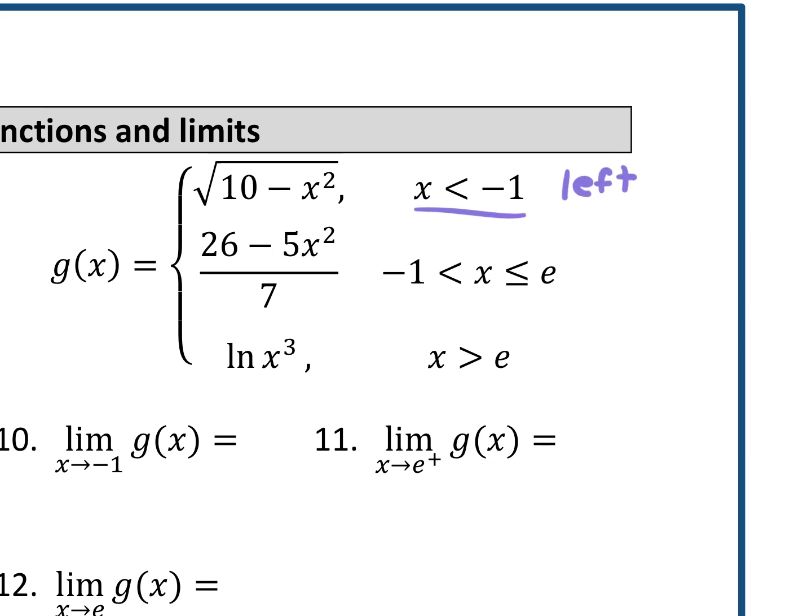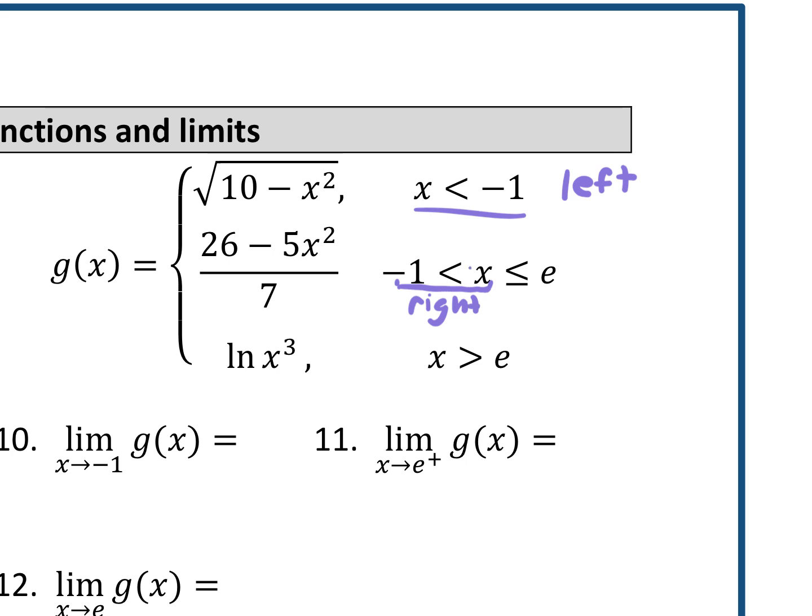This next one, we're going to look at it piece by piece. What does negative 1 less than x mean? Just this portion. Where are we looking at it? Which means what side of negative 1 is this function on? It's on the right. This one's on the right side.